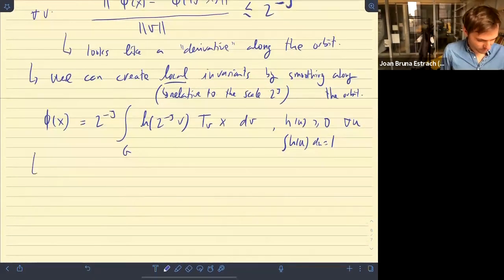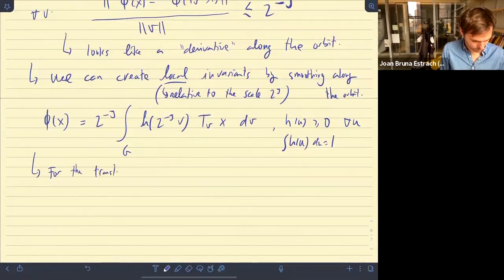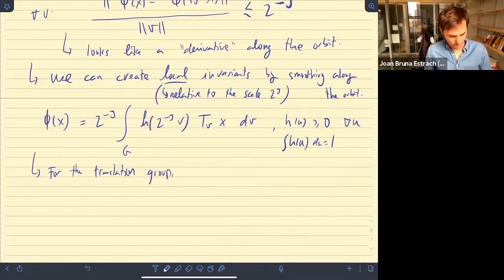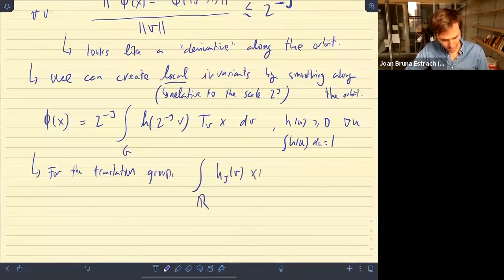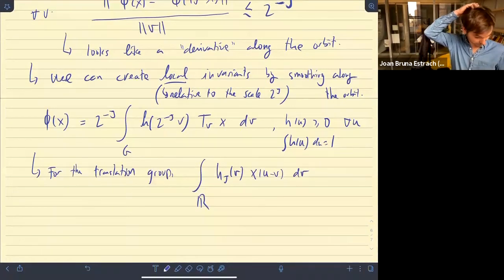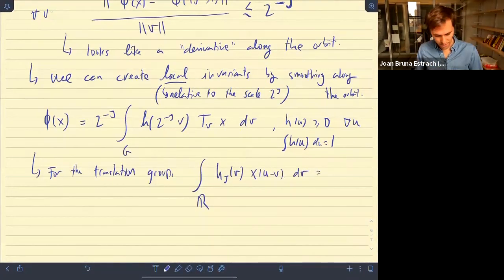So just to make sure that we are all happy, in the case of the translation group, this is nothing else than saying that I have an integral over R, if I just do it in 1D, of some window, this parameterization of V, times X of U minus V dV, in coordinates, and this is just a convolution.